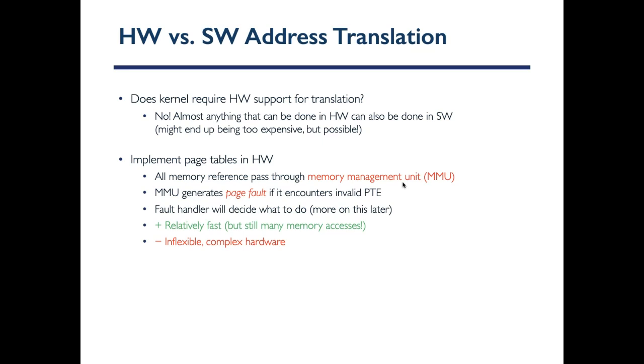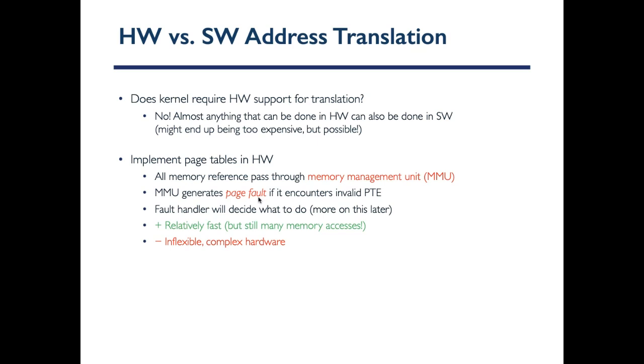If at any point in its traversal it finds an invalid page table entry, the MMU generates a page fault, basically an exception, and then the operating system wakes up to deal with that invalid page table entry. An invalid entry could be for any particular reason that we have seen.